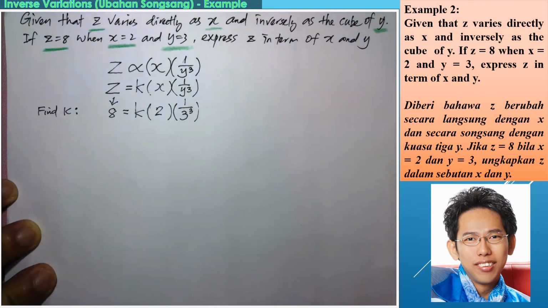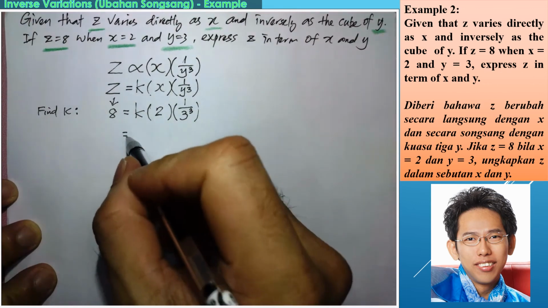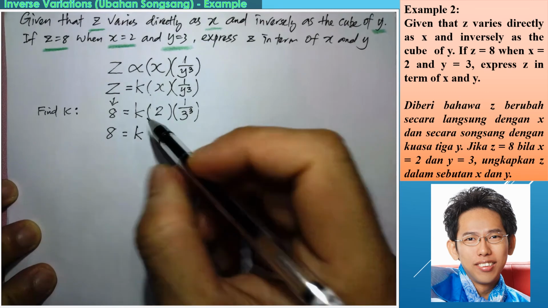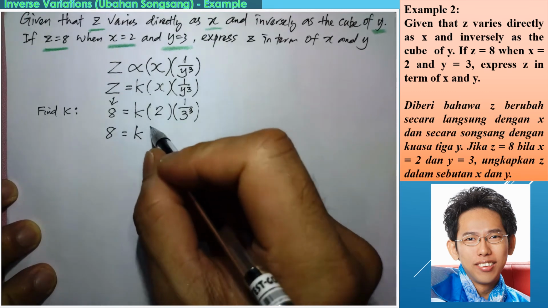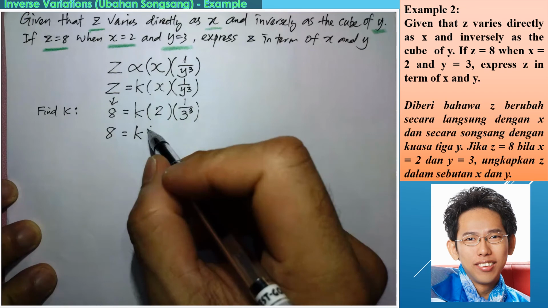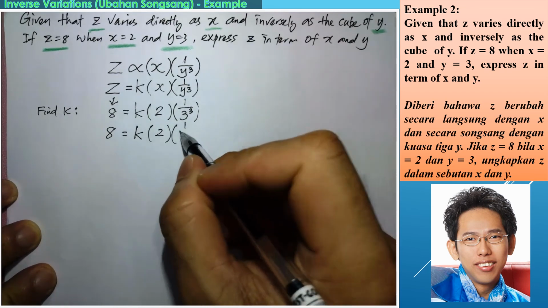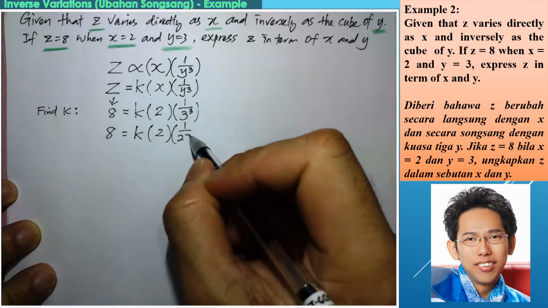Okay, so this one becomes 8 equals, simplify first, kita ringkaskan dulu. Okay, slowly, 2 times 1 per 27.